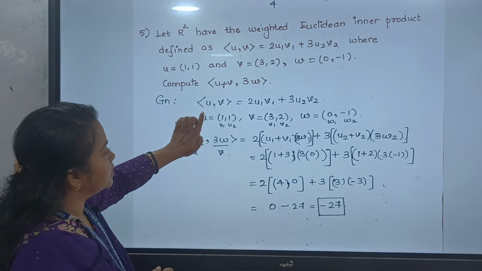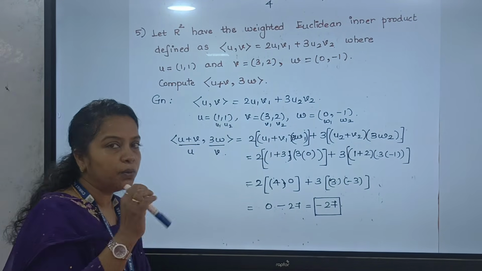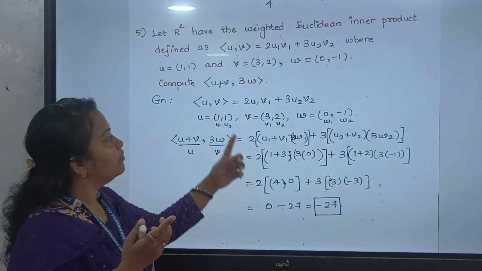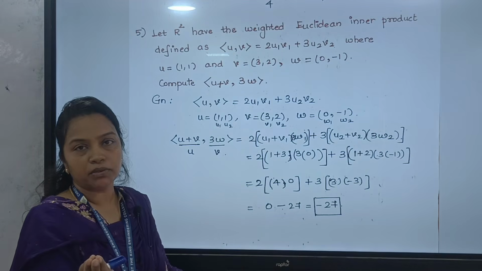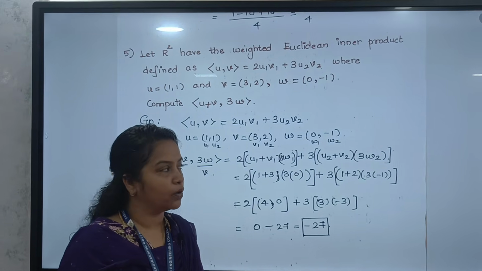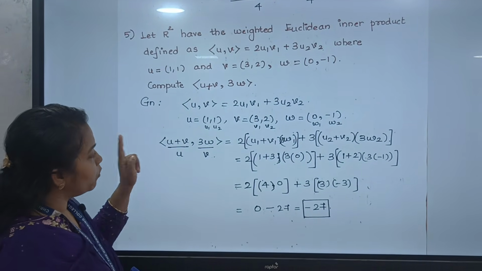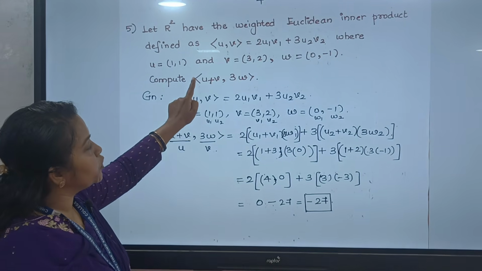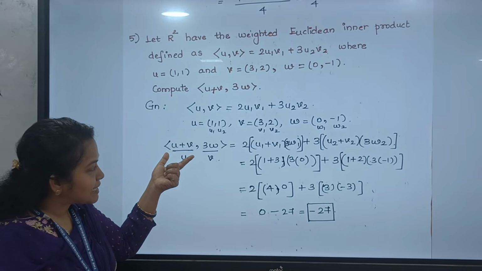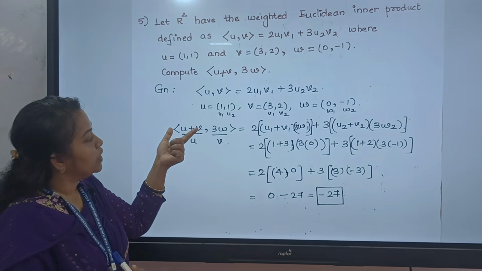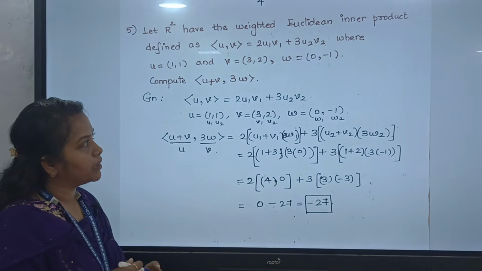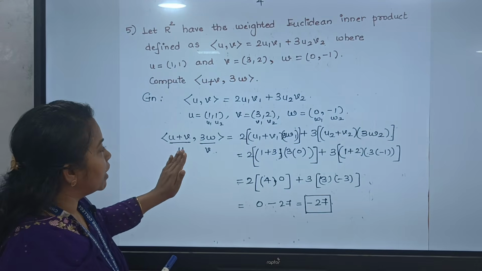So since the values come from u, I write u1 u2; from v, v1 v2; from w, w1 w2. Next, for the inner product of u plus v with 3w, I take the whole u plus v as u, and 3w as v.